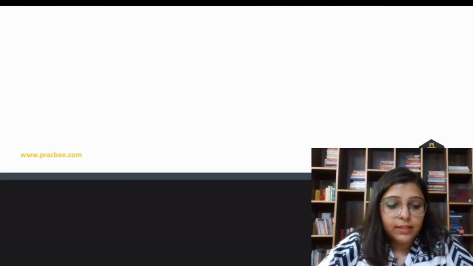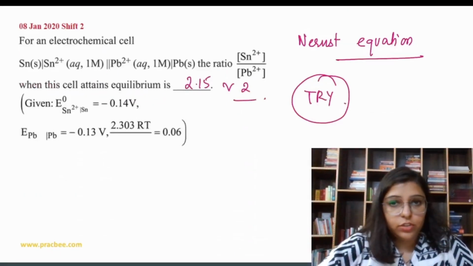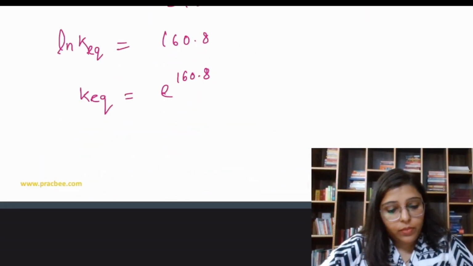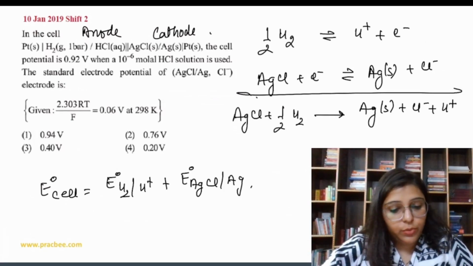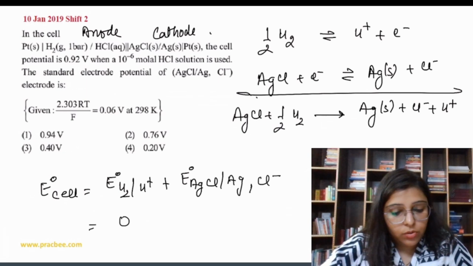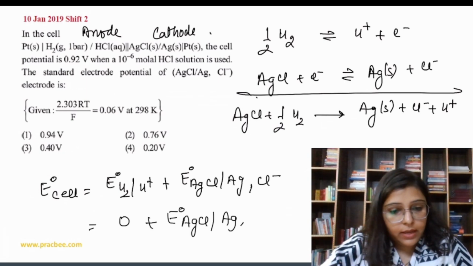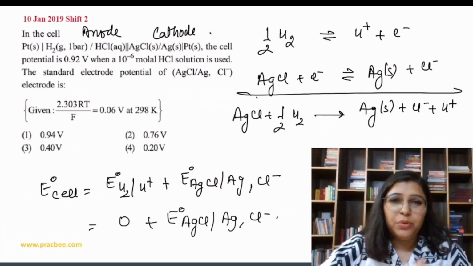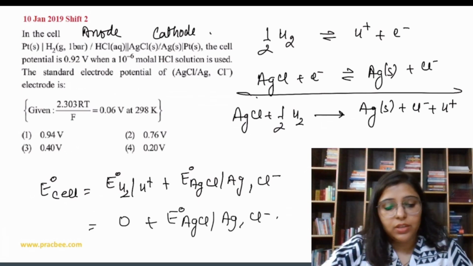E naught H2 H plus is 0, so E naught cell is equal to E naught AgCl Ag and Cl minus. So how to do this? We have to use the Nernst equation.